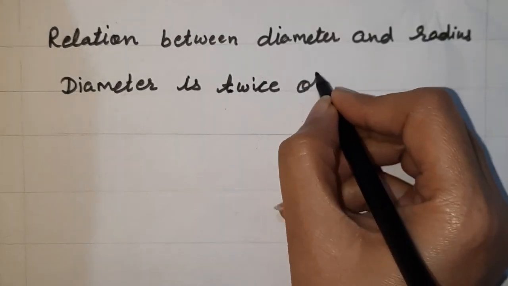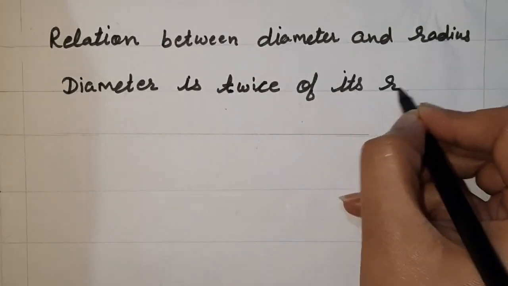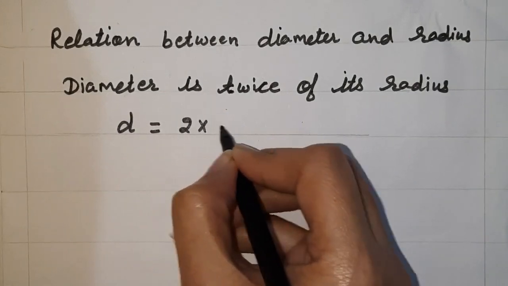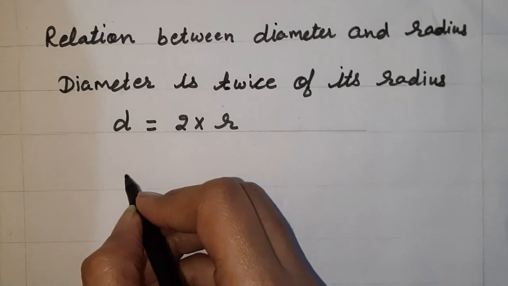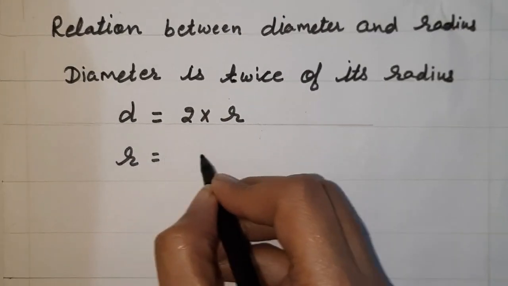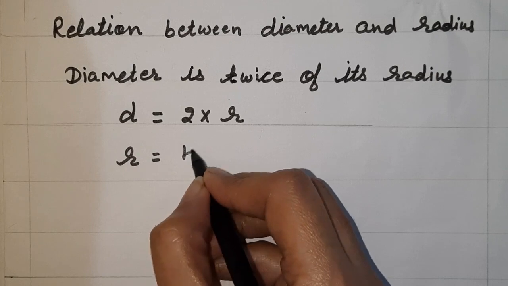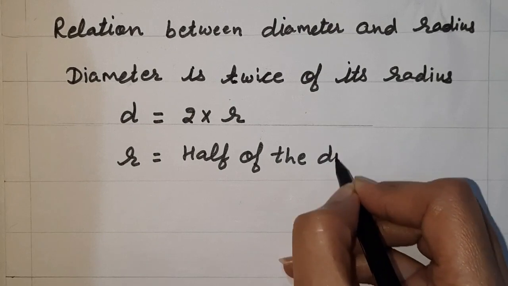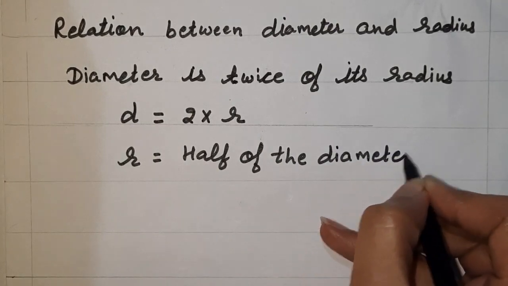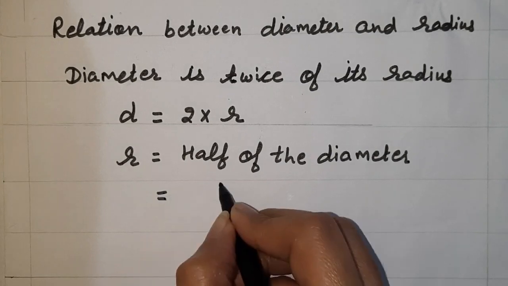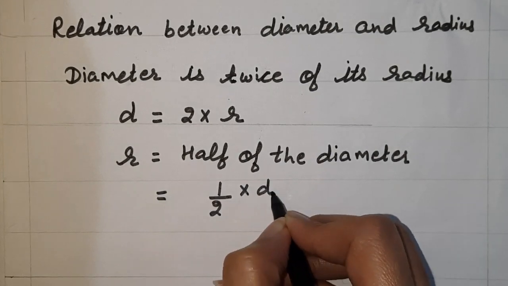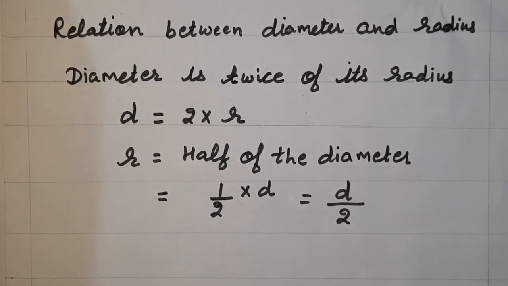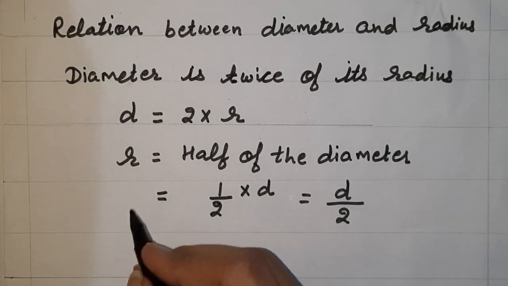So diameter is equal to twice, double. So radius will become half of the diameter. It can be written as half of diameter or diameter upon 2. These all are giving the same meaning.